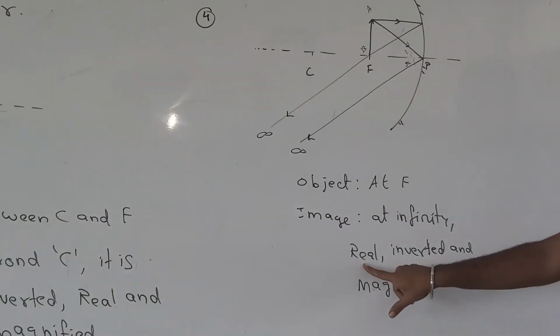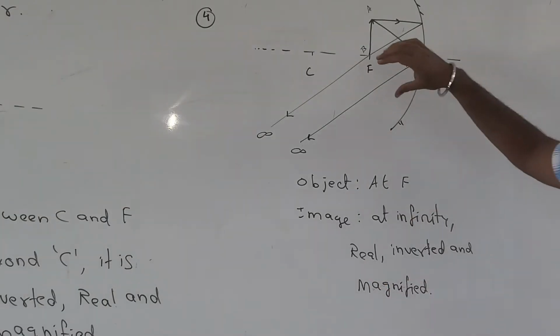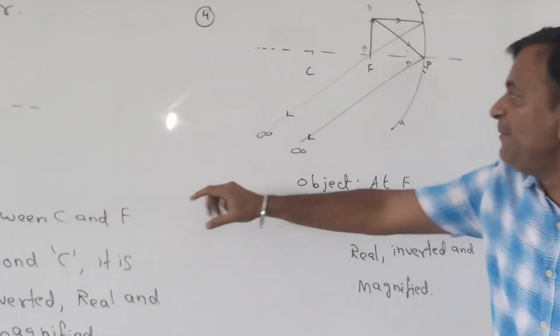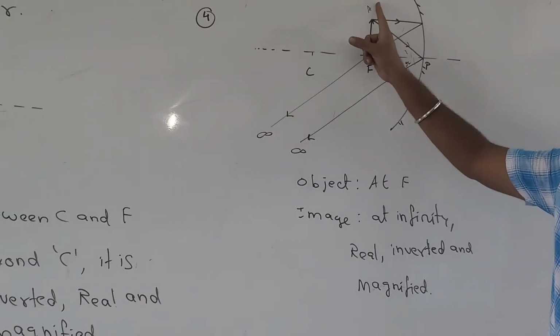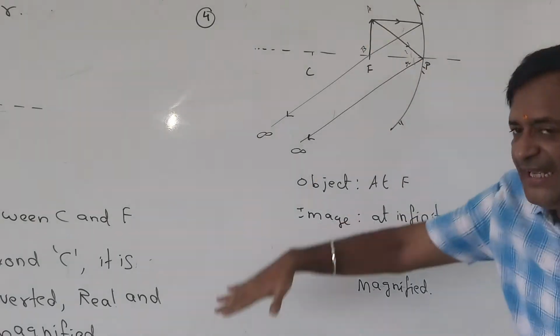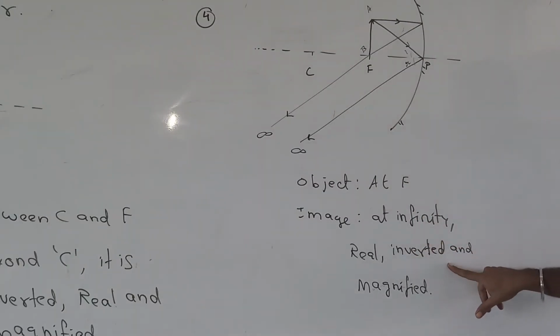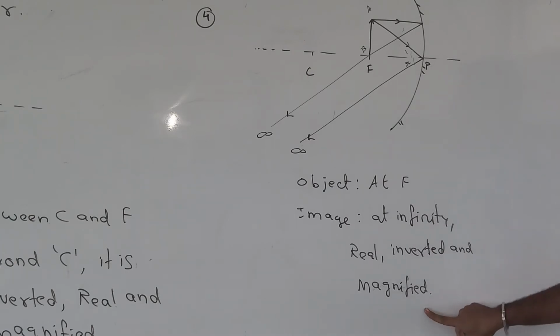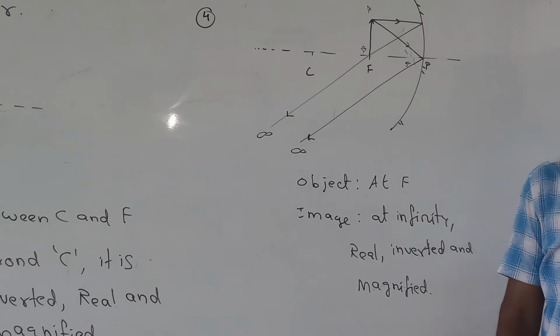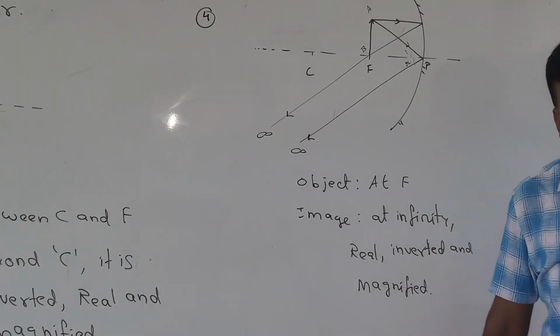The image is real. The image of A, that will be A dash, will be below the principal axis, so the image will be inverted and it will be highly magnified. Let us go for diagram number 5.